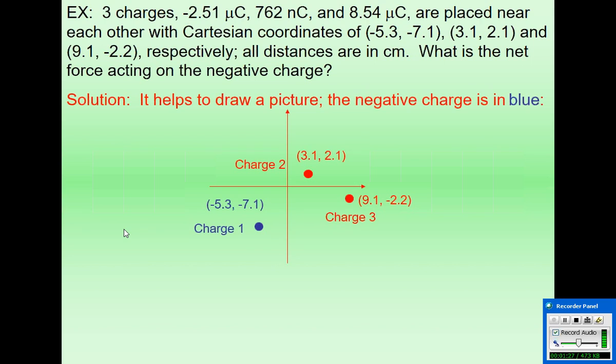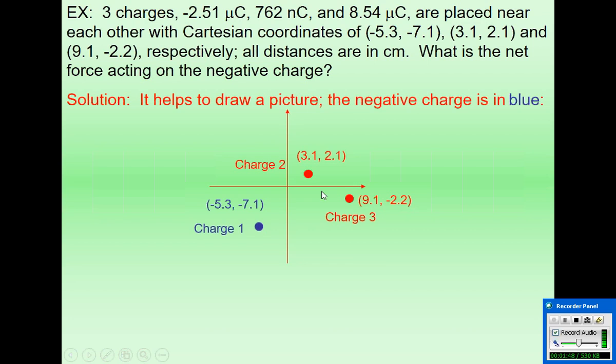I recommend, in circumstances like this, that you sketch out a little picture and try and make it at least a little bit accurate. It's not necessarily having to measure things out down to the nearest millimeter, but it is a good idea to make things at least roughly proportional.